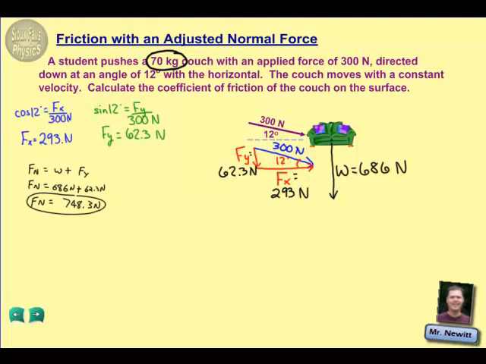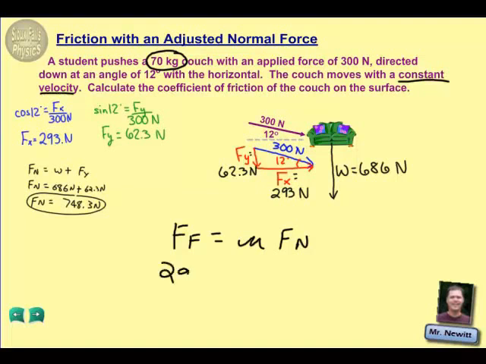Now that we know that normal force, we are ready to calculate our coefficient of friction. Frictional force is equal to mu times the normal force. Our frictional force is going to be equal to the force that is being applied in the x direction, the 293 newtons. It does tell us that this couch moves with a constant velocity, so we know that the applied force and the frictional force have to be equal to each other.